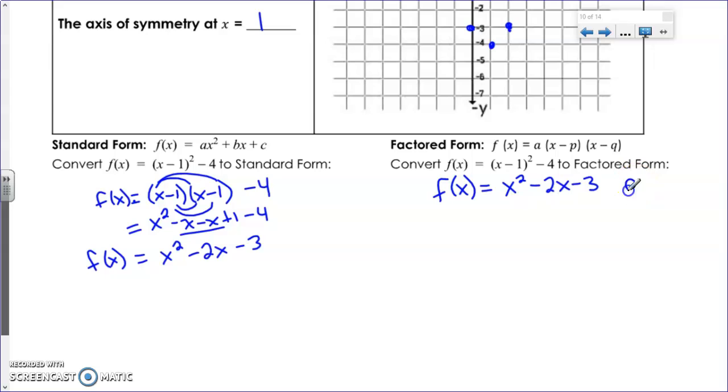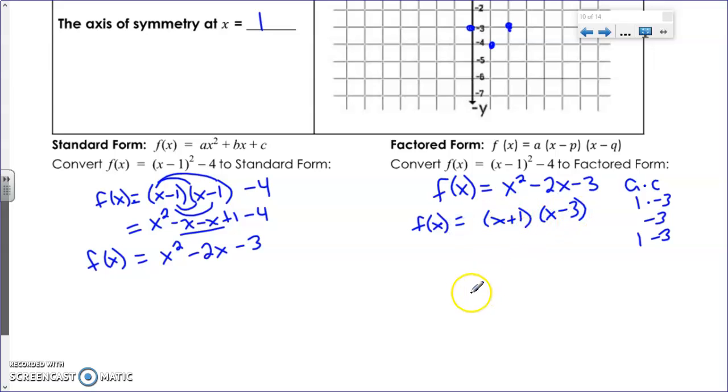My a times c is negative 3, so that'll be 1 and 3. The 3 needs to be negative for the negative 2. So that's going to be (x plus 1)(x minus 3), and that's what f of x equals.